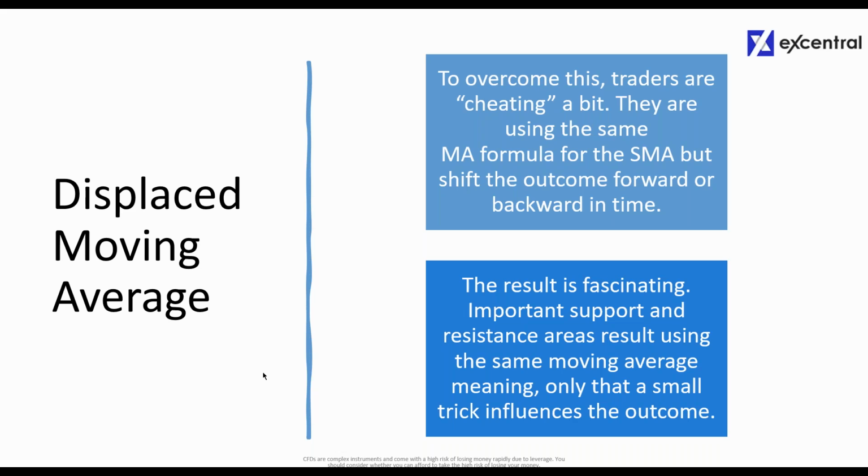But if you just use a 1 or 2 or 3 period, you'll find that whether you're using an EMA or an SMA, it makes it a lot more satisfactory. The result is fascinating. Important support and resistance levels result using the same moving average, meaning only that a small trick influences the outcome.